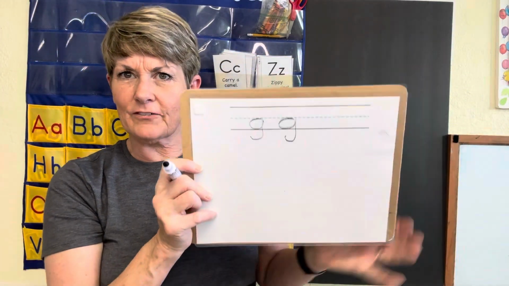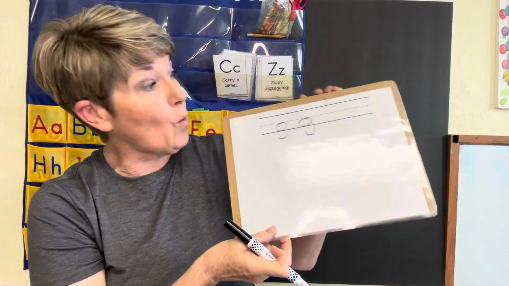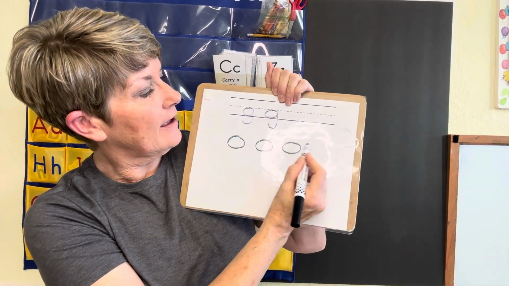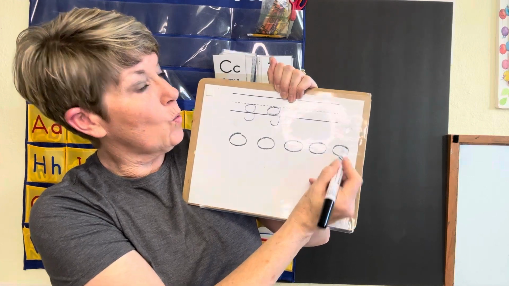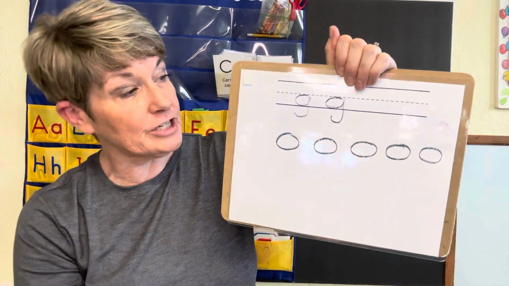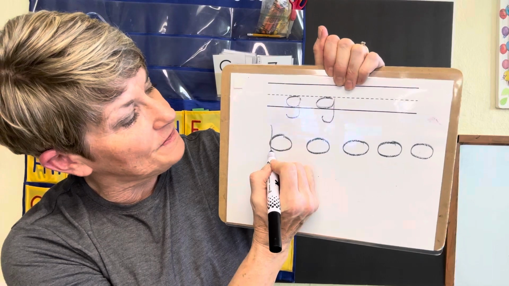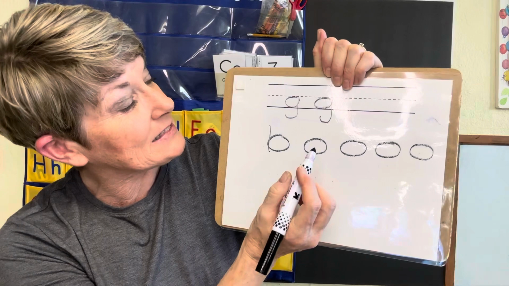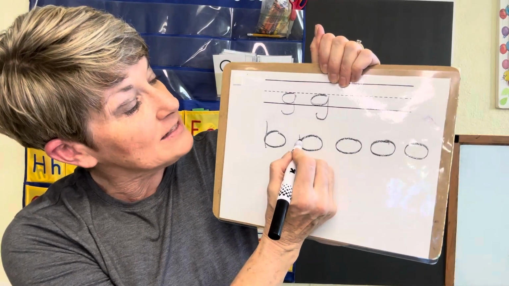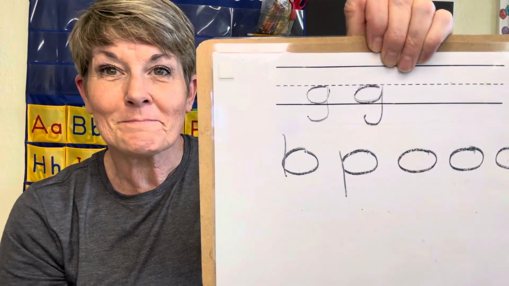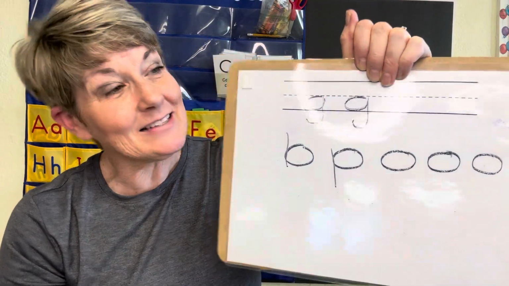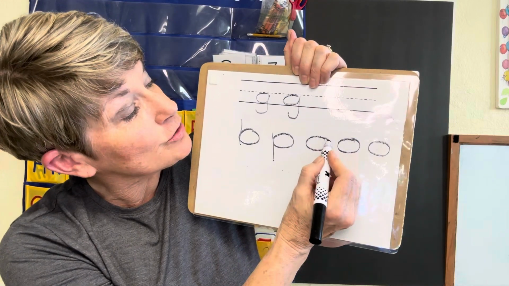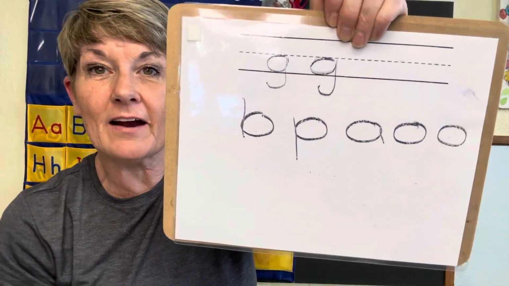Now let's look for just a minute and write a whole bunch of O's on here, and let's see if we can see which one of those is a letter G. How about that one? No, it's a tall stick. It doesn't go down below it, does it? Okay. What about this one? That one doesn't curl, does it? And it's on the wrong side. That's a letter P. All right, let's try this side, but we're going to stop right there.